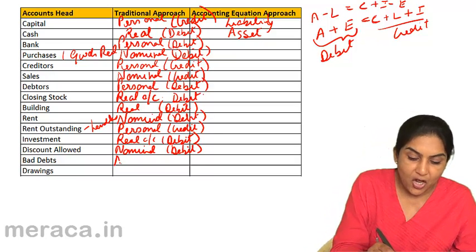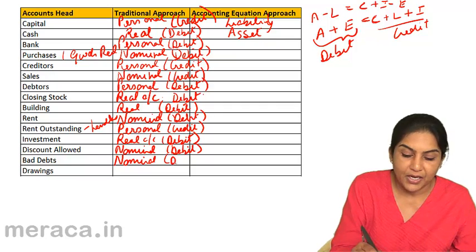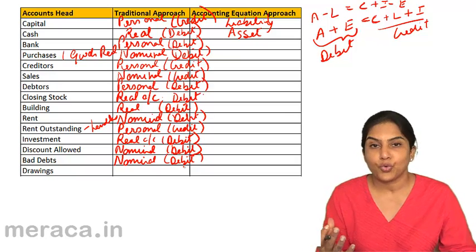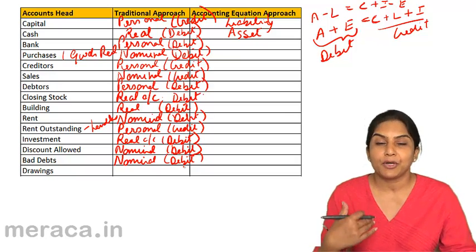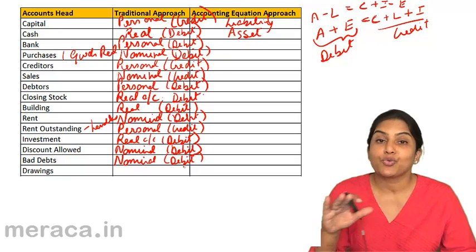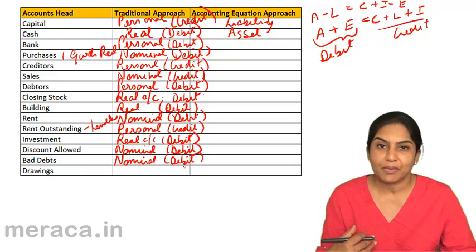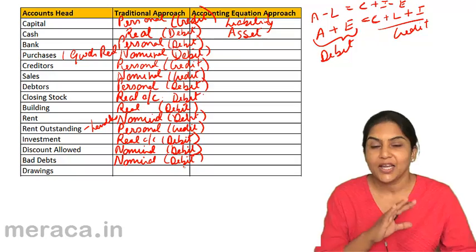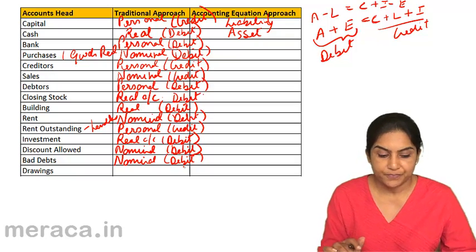Bad debts is a loss. That's a nominal account. Debit all expenses and losses. What is a bad debt? A debtor who owes us money is not able to pay the amount. So that money we do not get. We expected to get the money, but it is now a bad debt. He cannot pay this money. Therefore, it is our loss.